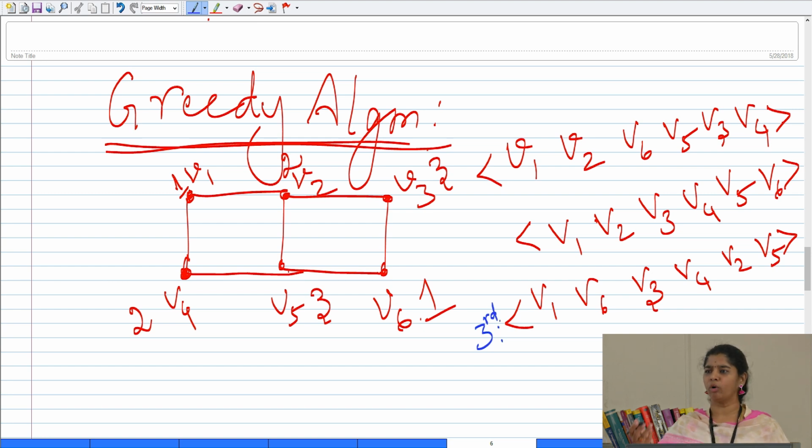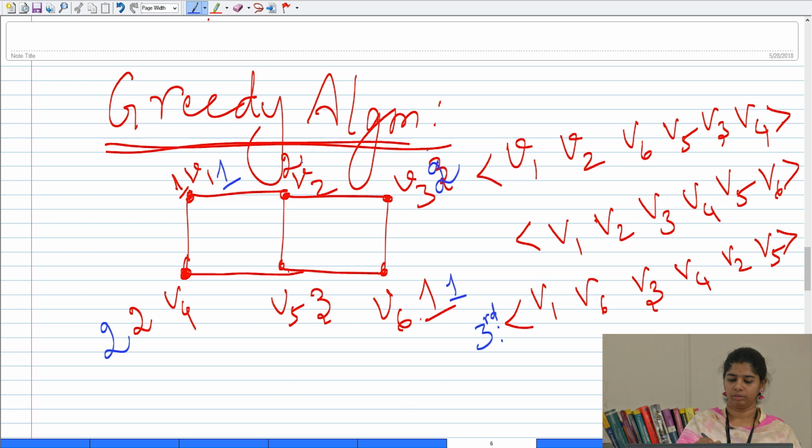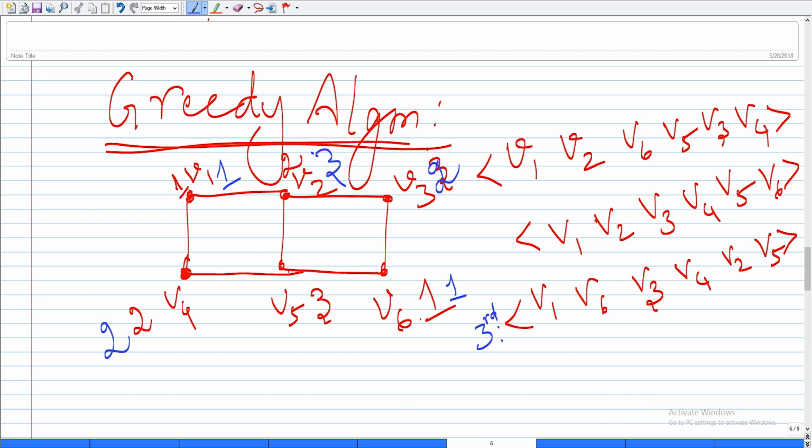As before, if we go greedily, we choose for V1 color 1, V6 color 1 again, V3 2, V4 2, what about V2, 3, what about V5, 4, right.